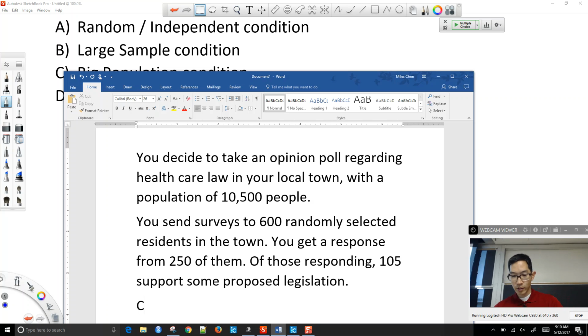All right, can we use the central limit theorem to approximate the sampling distribution?